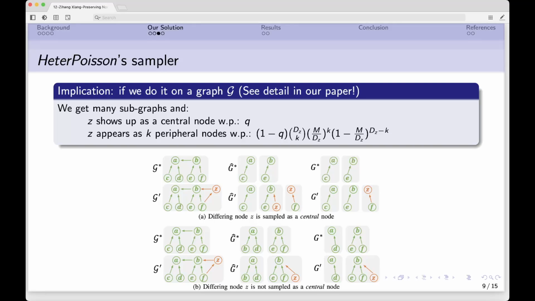Any node shows up as a central node in the generated subgraph batches with probability Q, and the number of times it appears as a peripheral node among the generated subgraphs follows a binomial distribution. So that's it for the sampler, please check our paper.